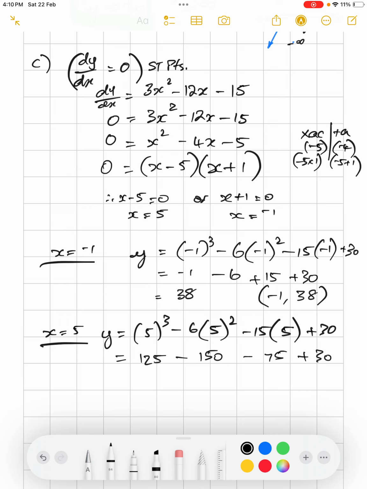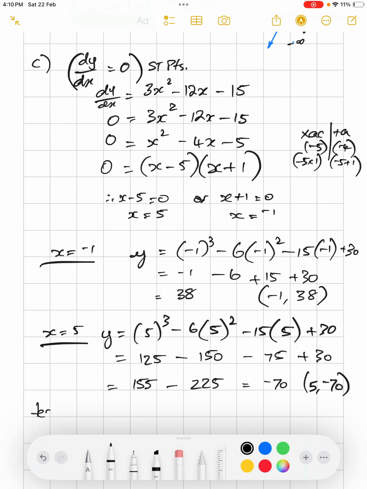So we've got 155, take away 225, which leaves negative 70. So we've got a stationary point at 5, negative 70.